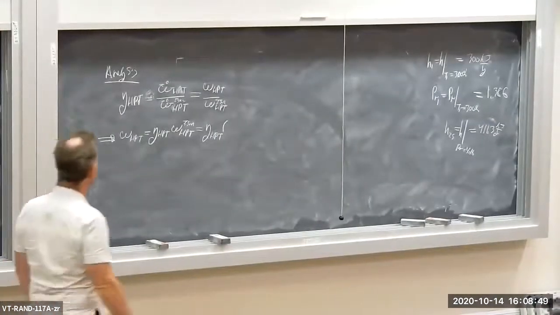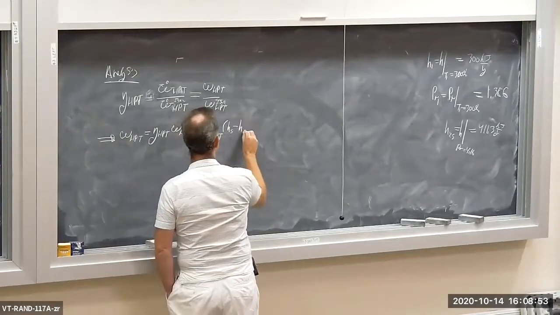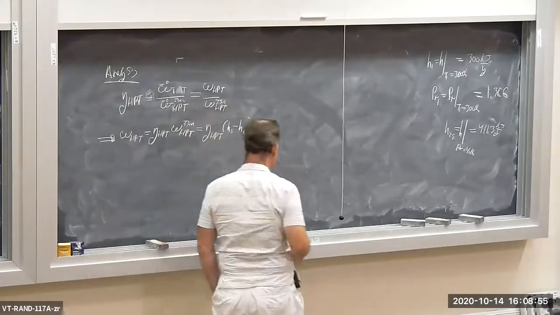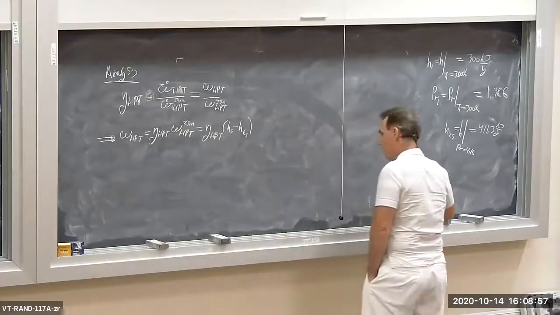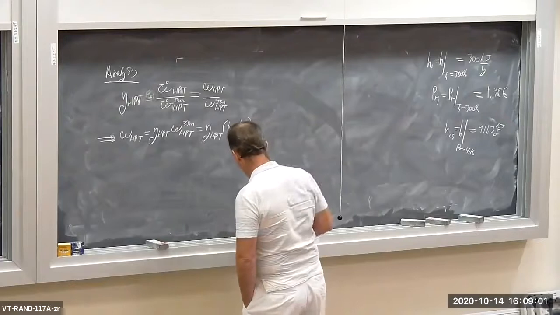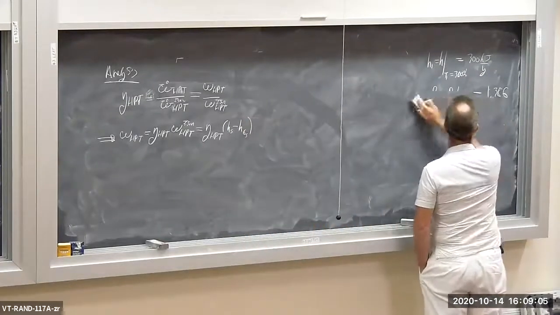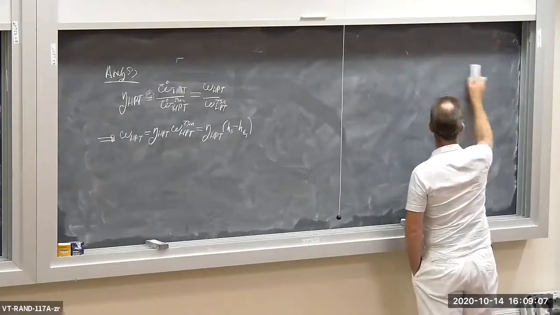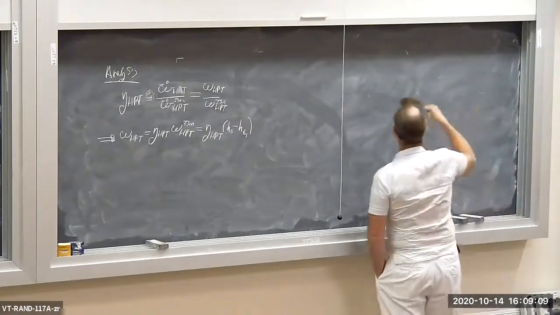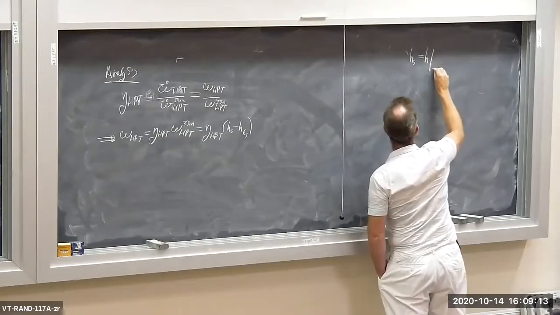So this is H5 minus H6 sub s, okay? Now I know H5 because I know the combustor exit temperature. So H5 is equal to H evaluated at T5.